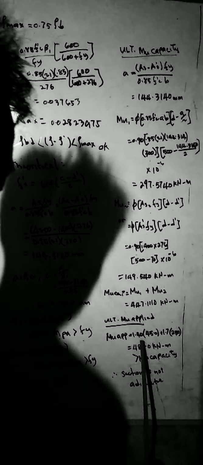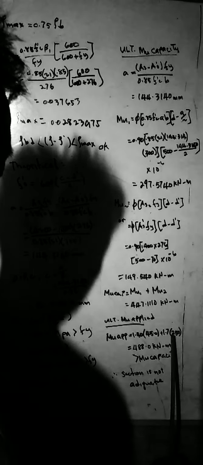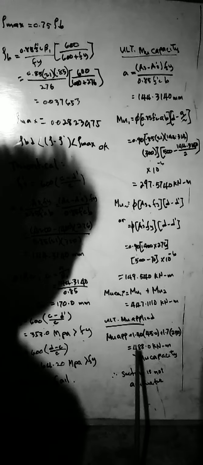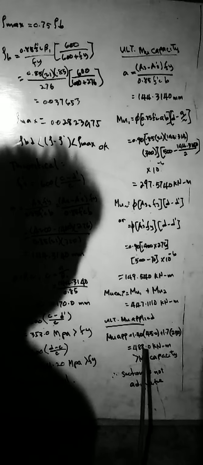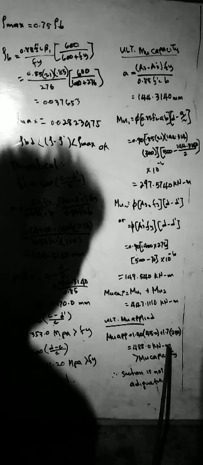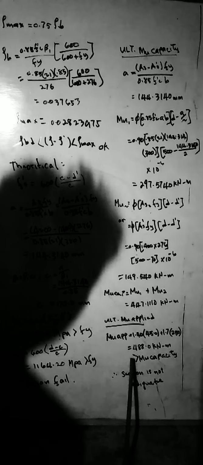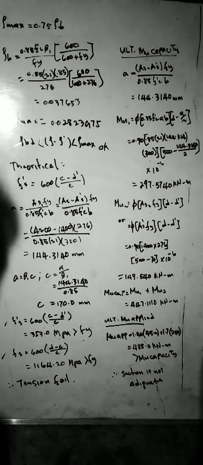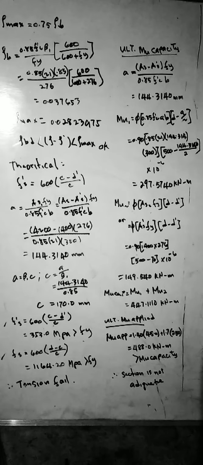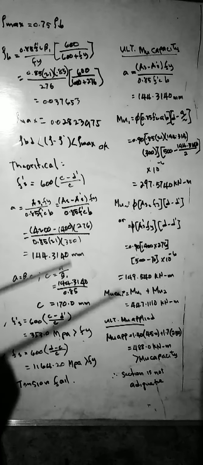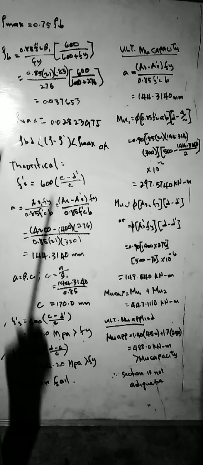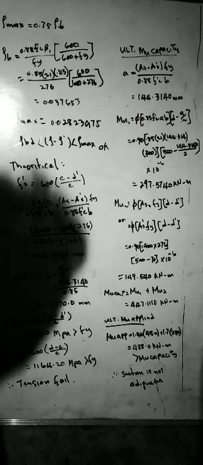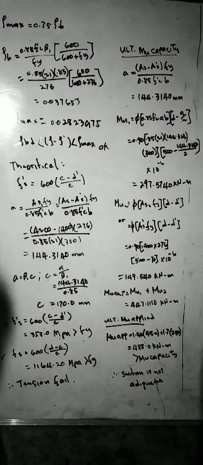Computing that, the sum is 488.0 kilonewton meter, which is greater than the M_u capacity of the section. Therefore, since the moment imposed on the section is greater than the capacity of the section, the section is not adequate. So the section is unsafe. Failure.